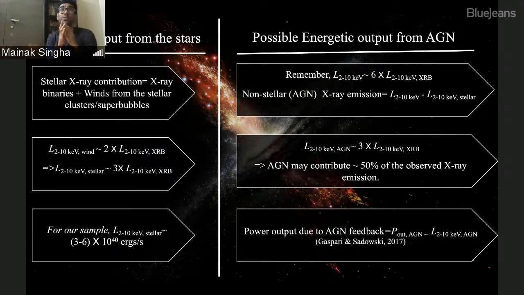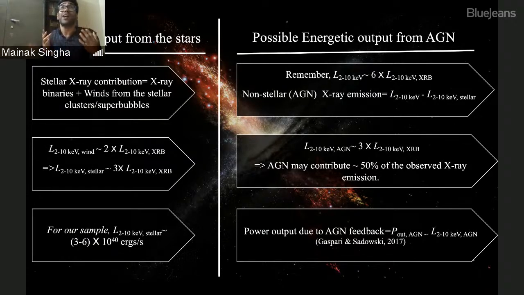So if you add them together, the observed X-ray luminosity is about twice the XRB plus wind. So in other words, the stars only contribute 50% of the observed X-ray emission. So where does the other 50% come from?